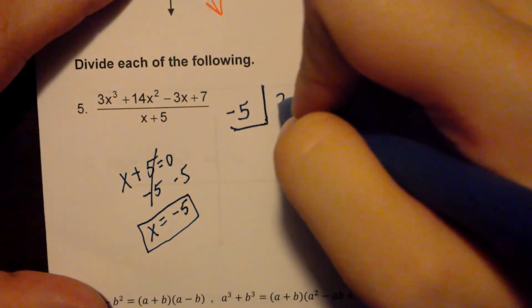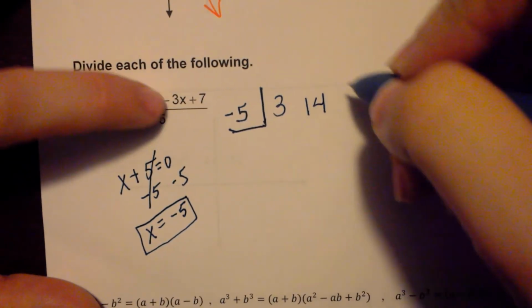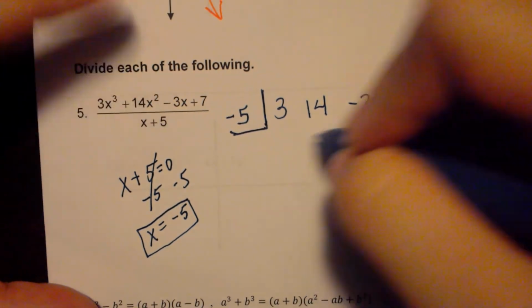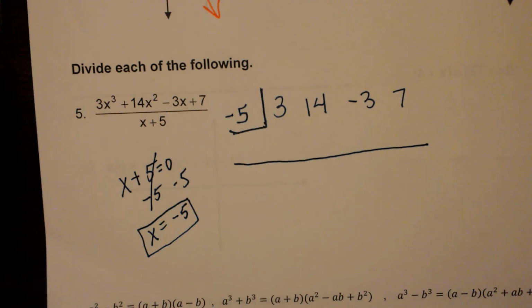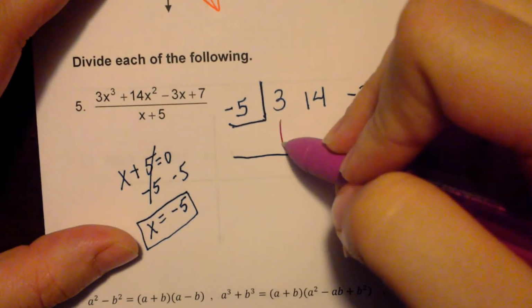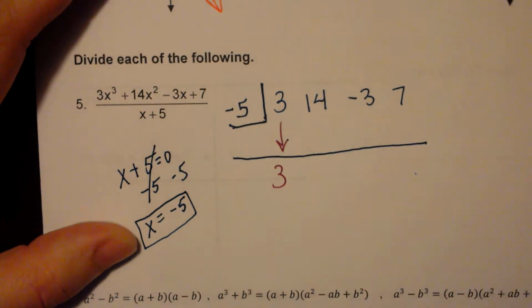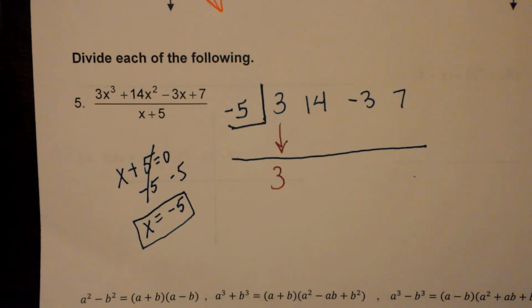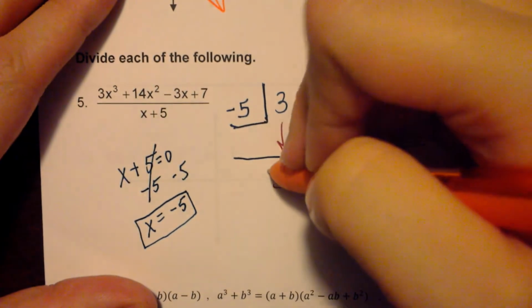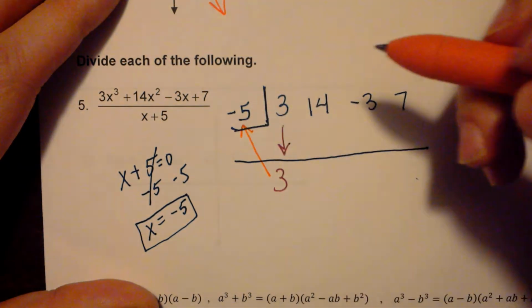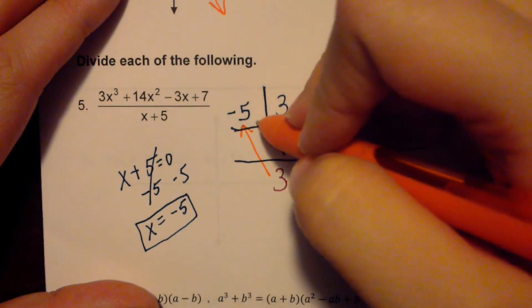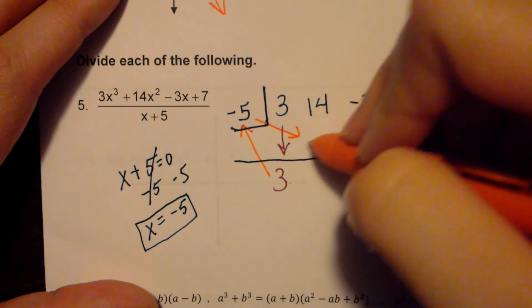So 3, 14, -3, and 7. The first number we always bring down. And then we multiply the number below our line by the number in this box, and we put it in the next column.